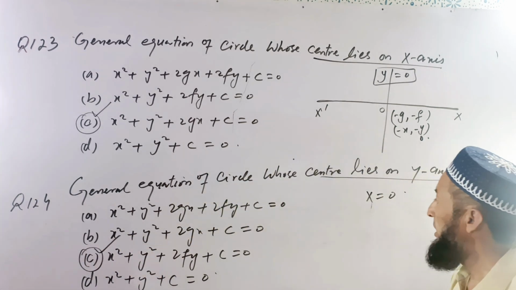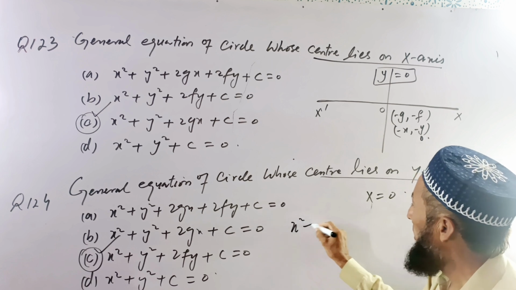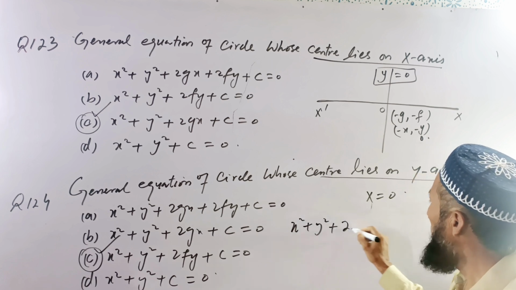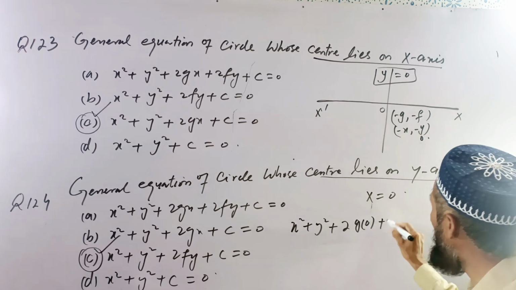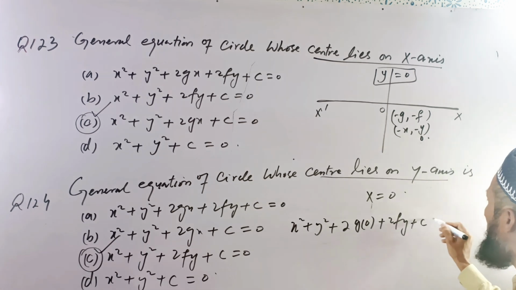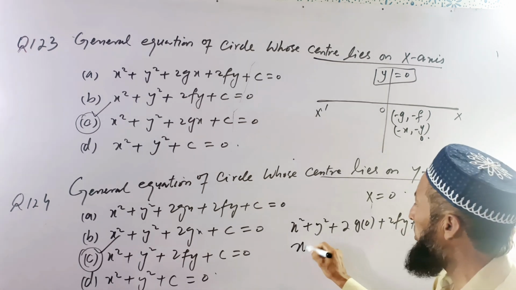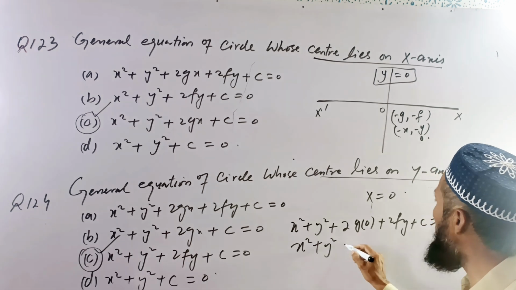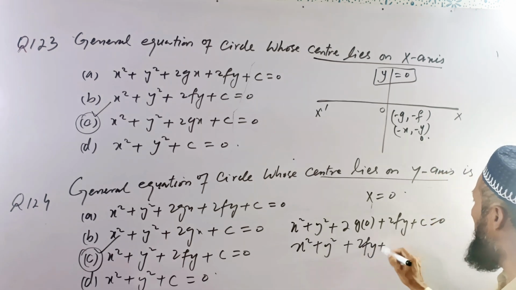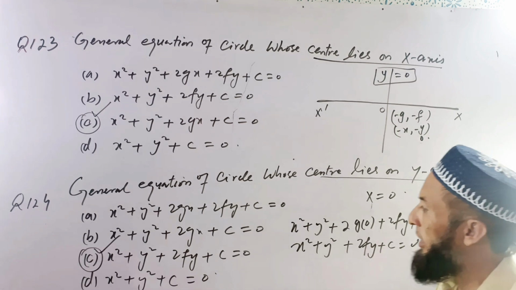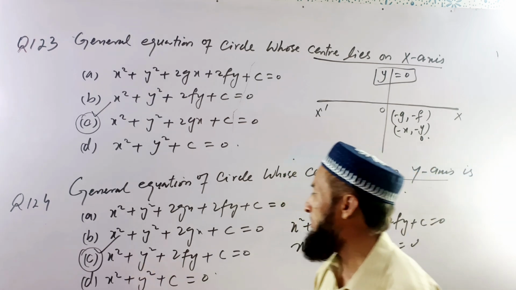In place of 2gx we put 0, so we get the required equation x square plus y square plus 2fy plus c is equal to 0.